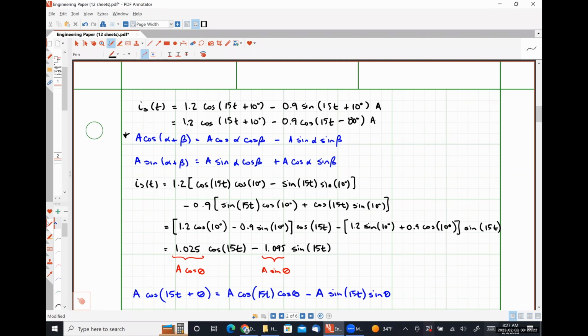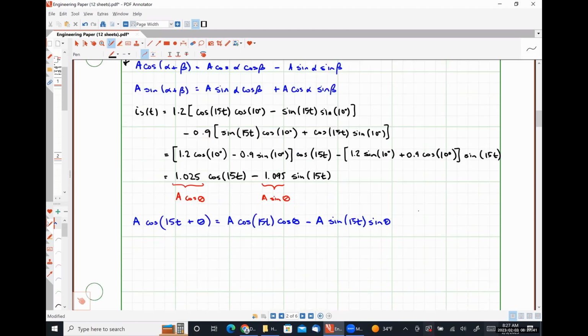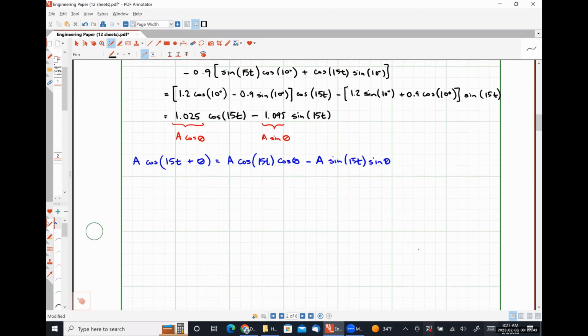Can I add those two together? No, because the phase angles are different. If I'm choosing to work in the time domain, I have to suffer through these trig identities, okay? I'm intentionally being cryptic there because of what we're going to talk about in a moment.